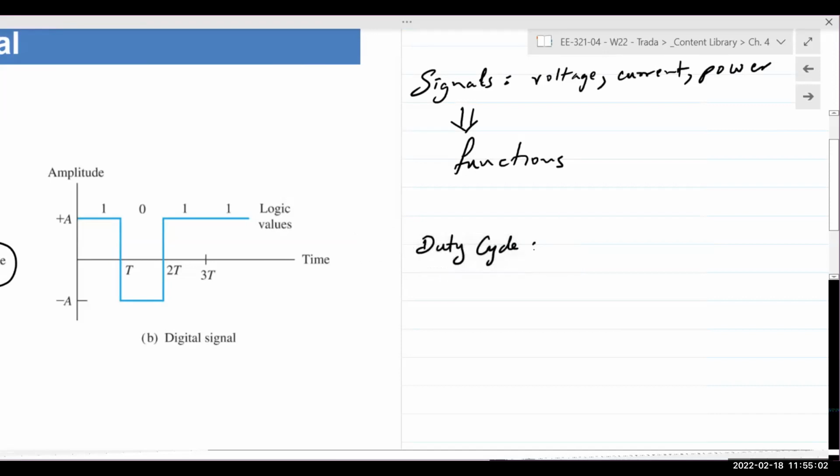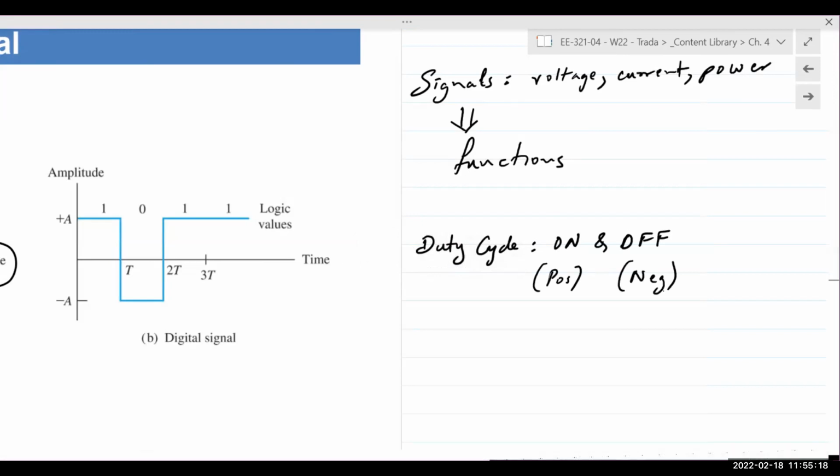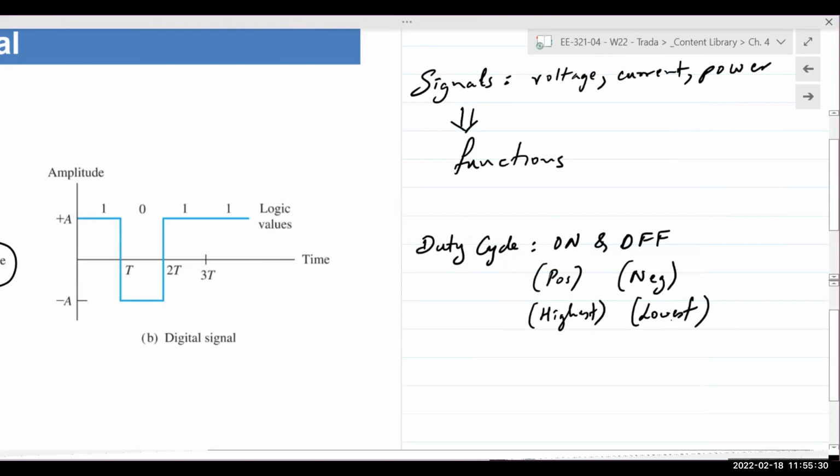On and off simply mean some sort of positive value and some sort of negative value. It may not be a negative value, it could just be 0 volts, but basically this is the highest value and this indicates the lowest value. That is the first thing you should keep in mind when we talk about digital.